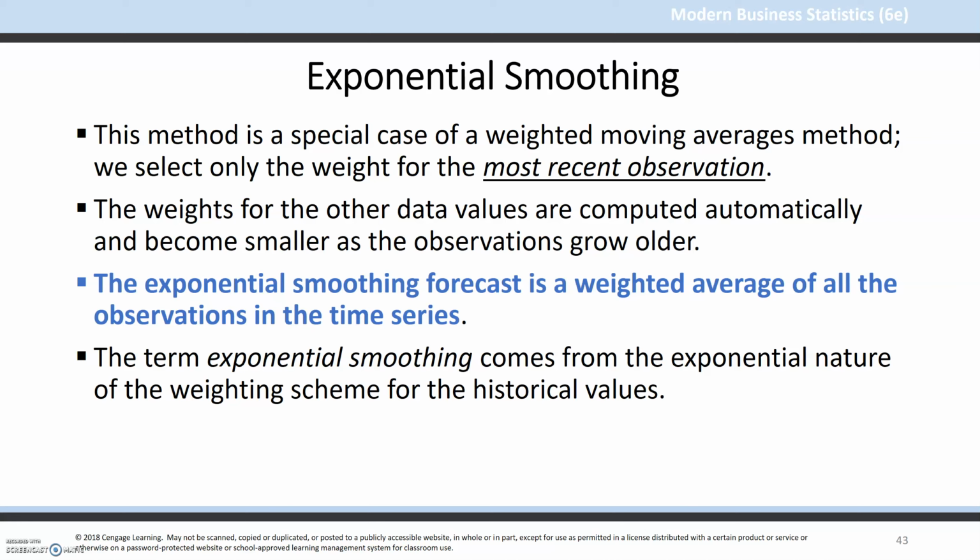However, you'll notice that whatever happened the time period before is going to have an influence on the next time period, and so on and so on. So exponential smoothing is a weighted average of all the observations in a time series, because one forecast and observation affects the one below it, and so on and so forth.